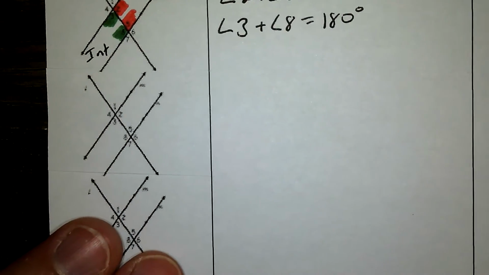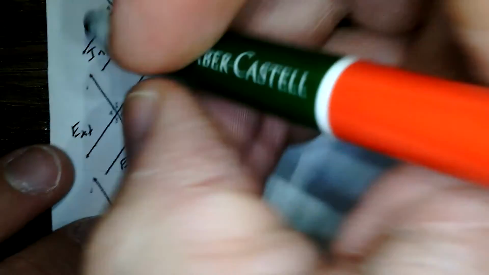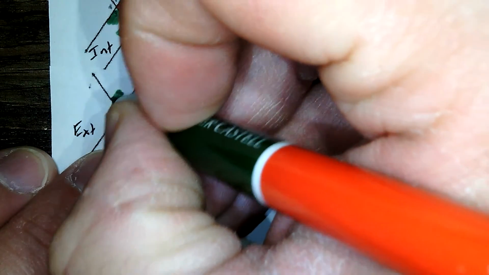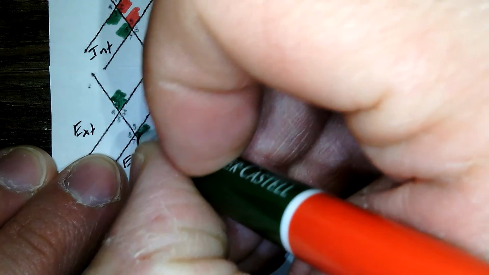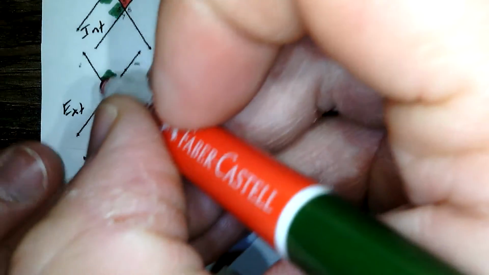Next up is same side exterior. So again, we're only looking at the exterior angles, the angles on the outside, and they have to be on the same side. So 1 and 6 would be same side exterior angles. The other ones would be 4 and 7.